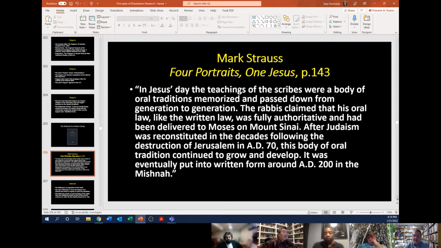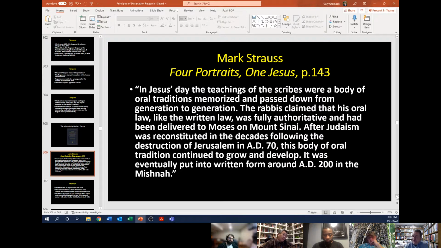Mark Strauss, in the book Four Portraits, One Jesus, required text in MABT: In Jesus' day, the teachings of the scribes were a body of oral traditions memorized and passed down from generation to generation. The rabbis claimed that this oral law, like the written law, was fully authoritative, that it was delivered to Moses on Mount Sinai.